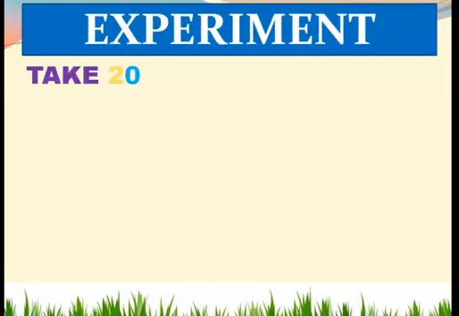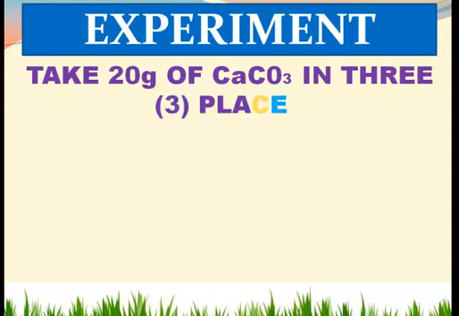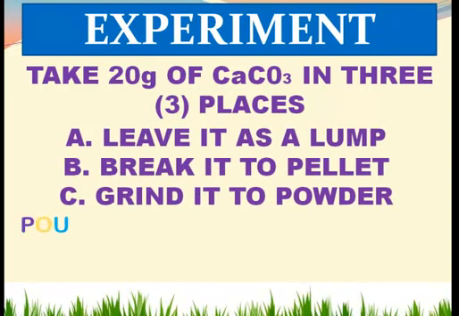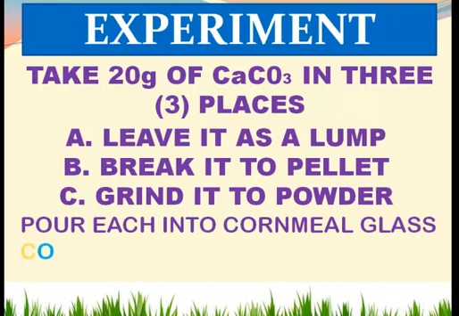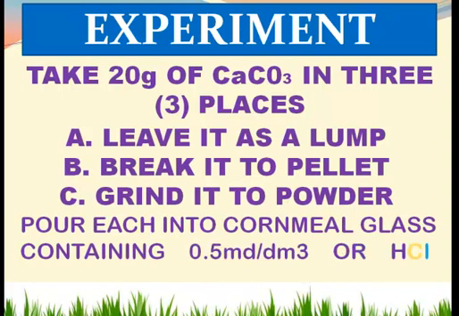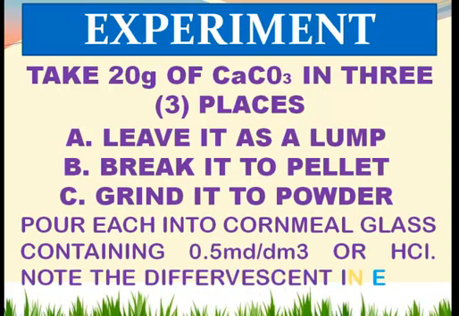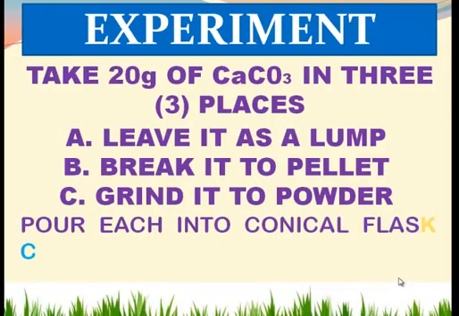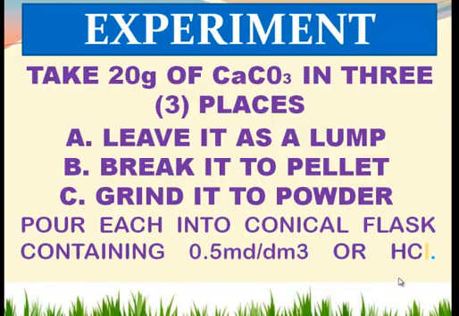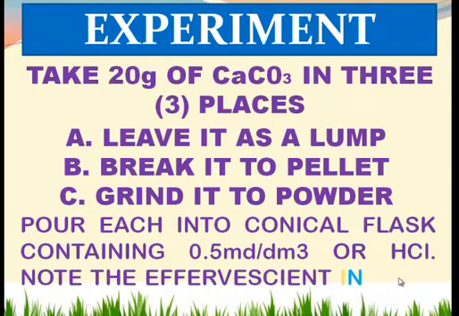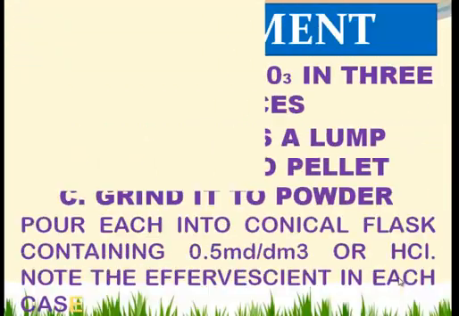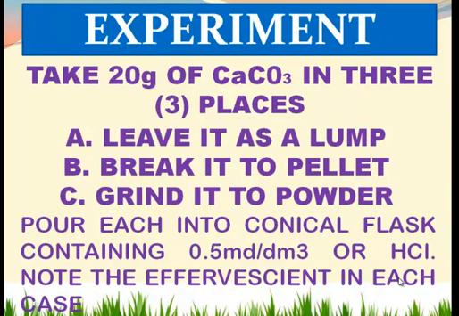Now, if we have an experiment and we take 20 gram of calcium carbonate in 3 places, we leave one as a big lump like stone, we have one that is broken into pieces, and we pour each into a conical flask containing 0.5 mole per dm cube of hydrochloric acid.